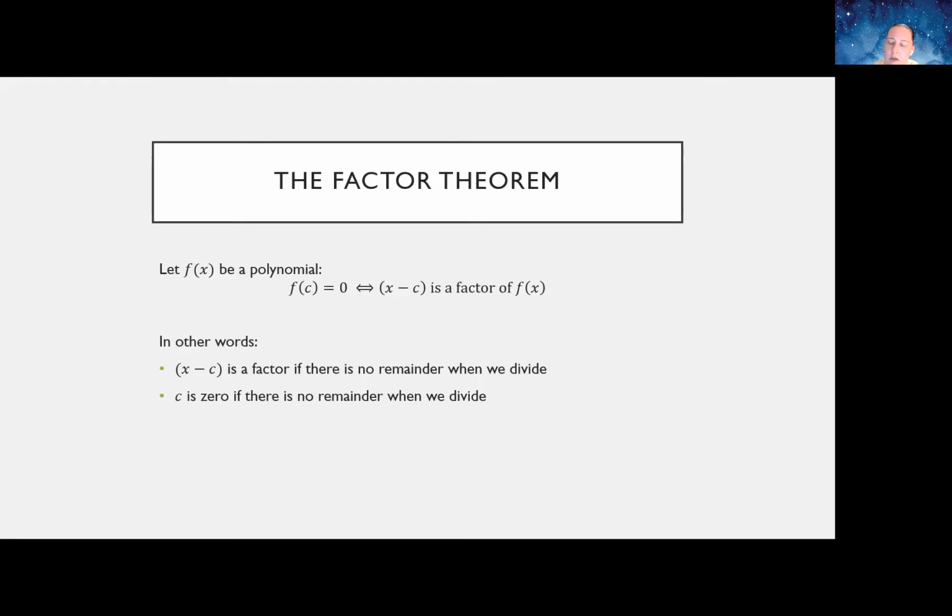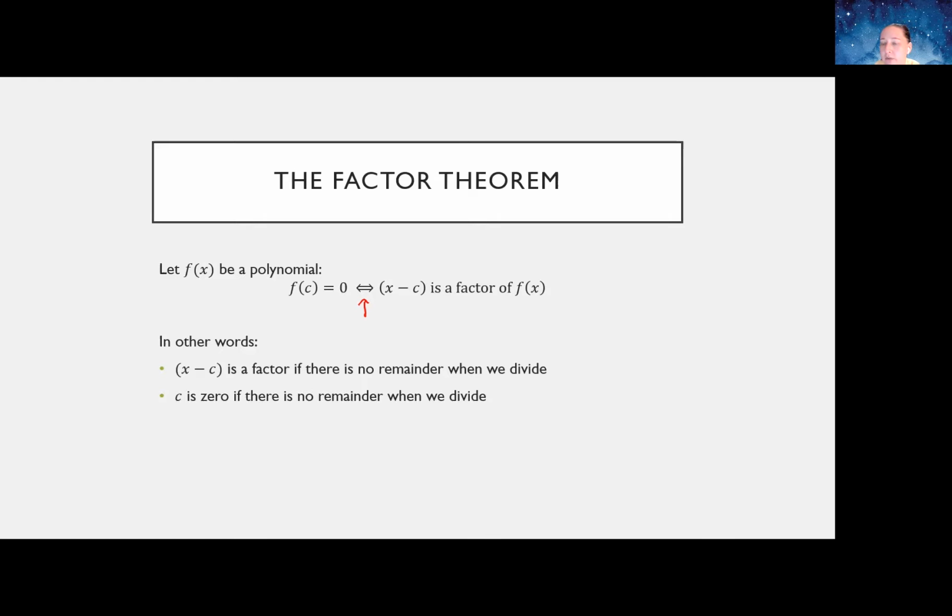If your remainder is 0, it divides evenly, so that means it's a factor of your original function. And this can go the other way around. This arrow means it goes both ways. If you have it equal to 0, then it's a factor. But you can also go from right to left: if you have something that's a factor, that means the remainder must be 0.